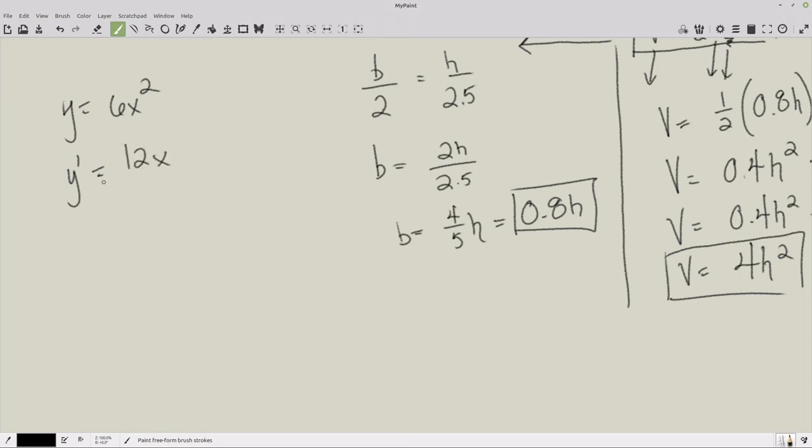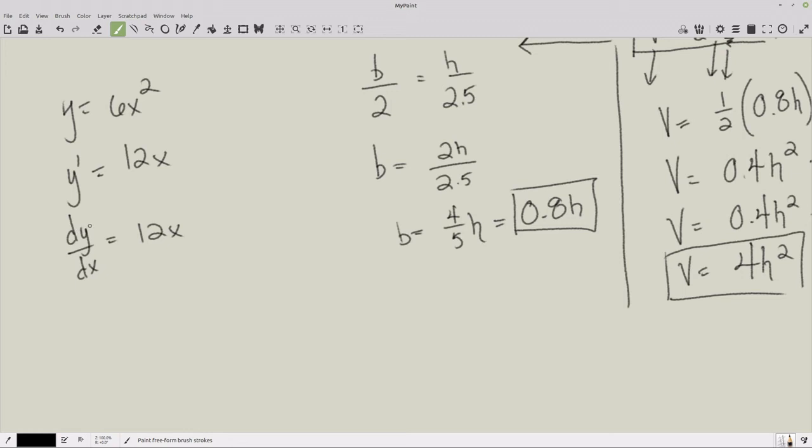There's your derivative. Another way to write it, though, is dy/dx equals 12x. What this is saying is the change in y over the change in x equals 12x. That's rise over run, that's the slope. You've found the slope of this. What that also means is for every small change in x, y reacts with a small change.